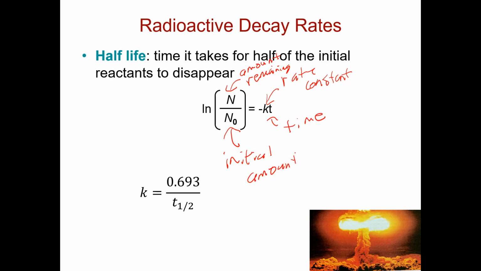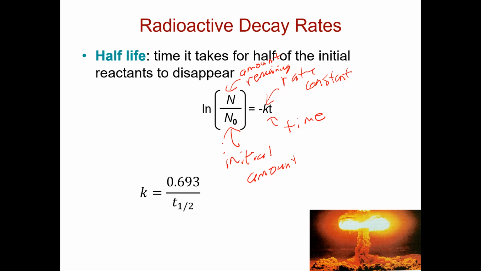Ln is a natural log. So if we take the natural log of the amount remaining over our initial amount, that is equal to the negative of the rate constant times the time. If we know 3 out of the 4 variables, we can plug in the 3 that we know and solve for the 1 that we're missing.